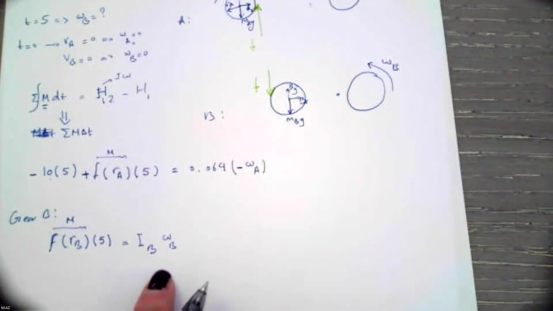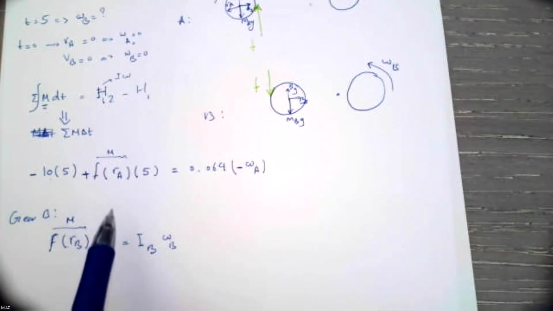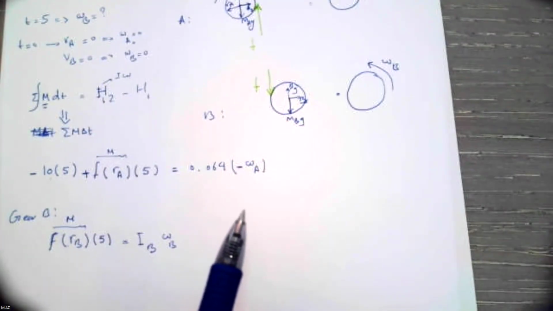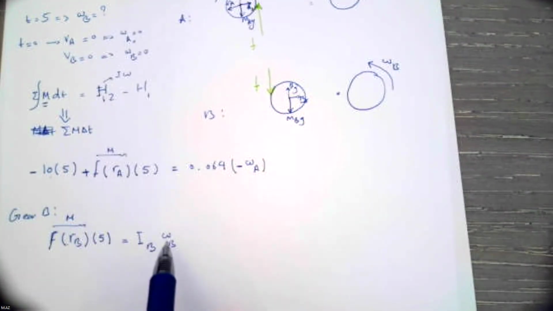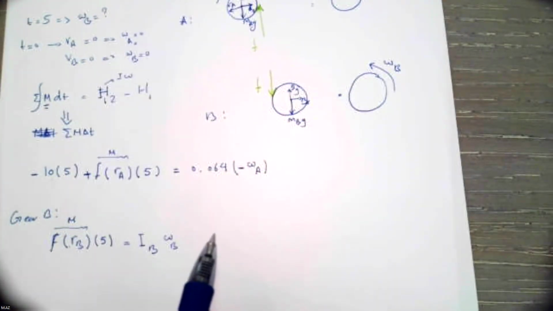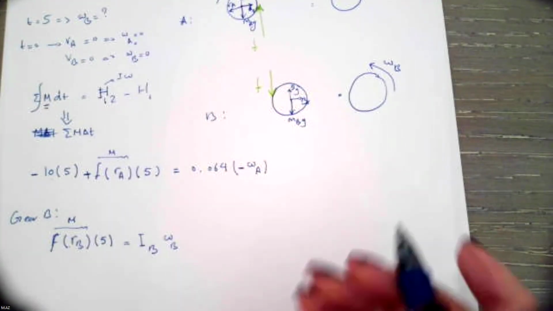If you look at these two equations, as you can see, we have two equations with three unknowns: friction, omega A, and omega B. Again, we need one more equation to make the problem determinate.